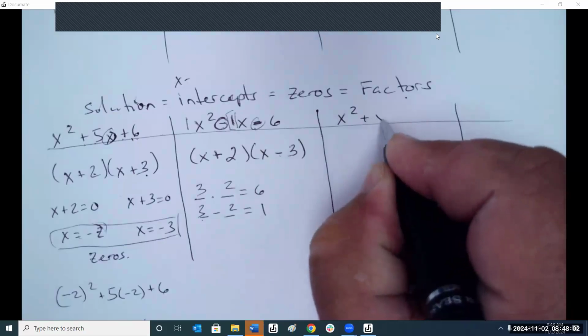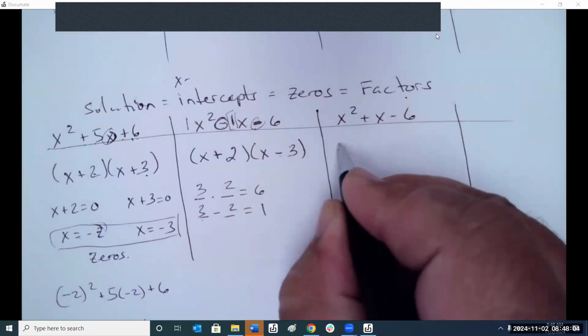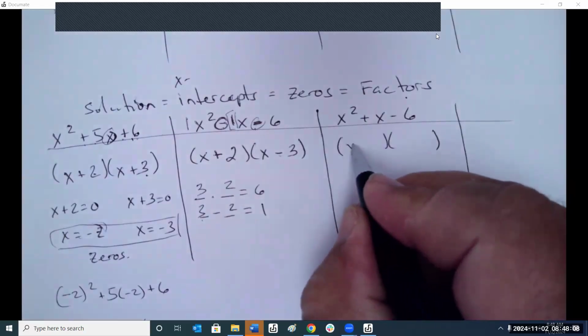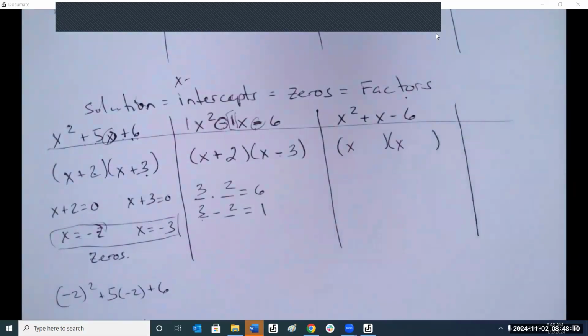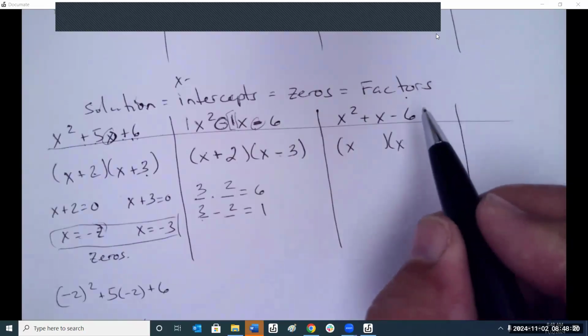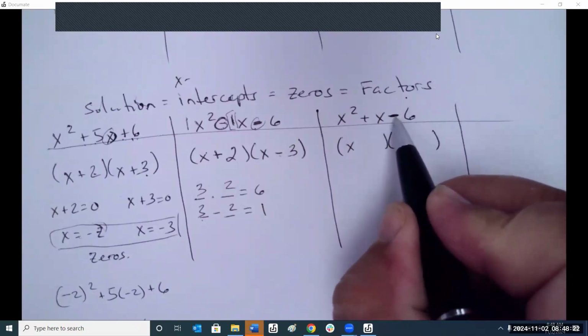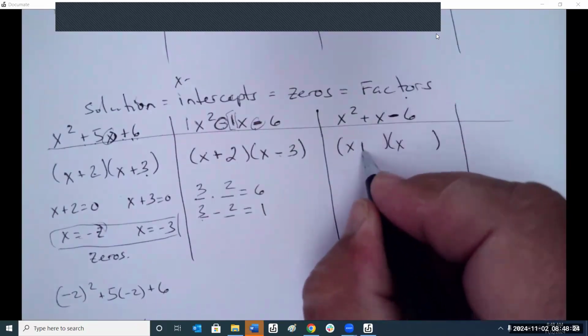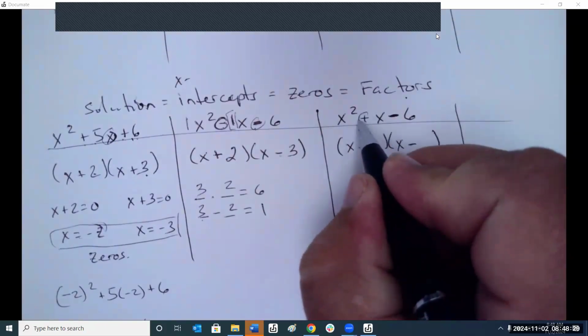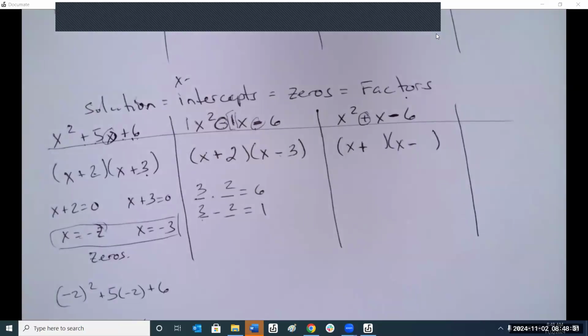X squared plus x minus 6. So they're both x's. The signs are opposite. Why? Look at the second sign. If the second sign is negative, that means they're opposite signs. The bigger number is going to be a positive.